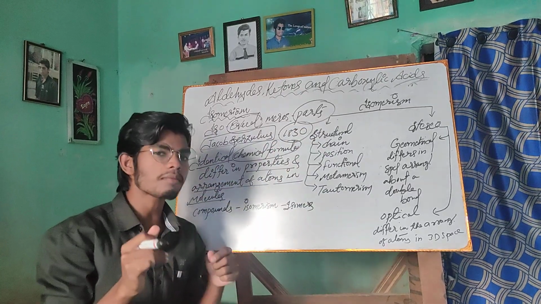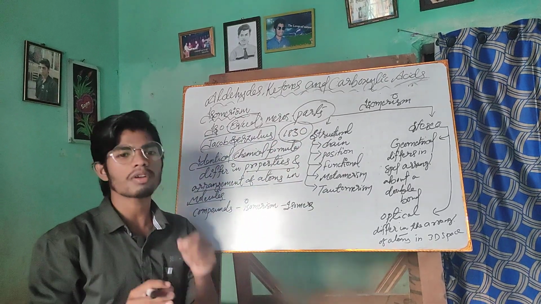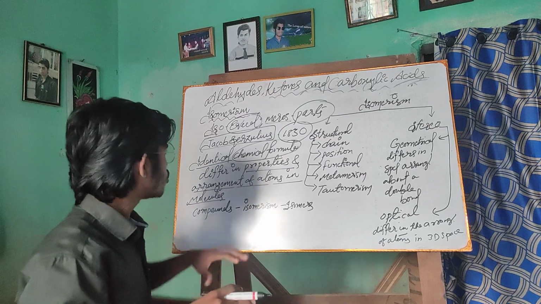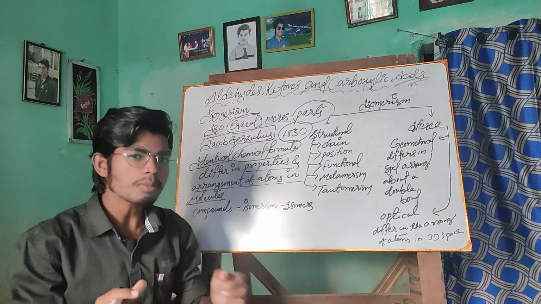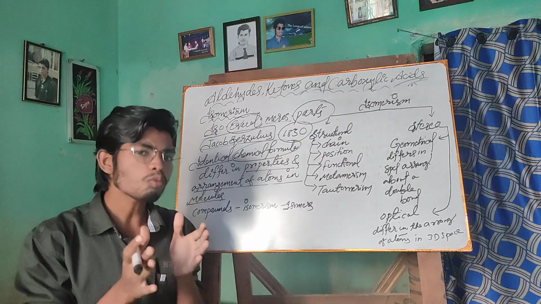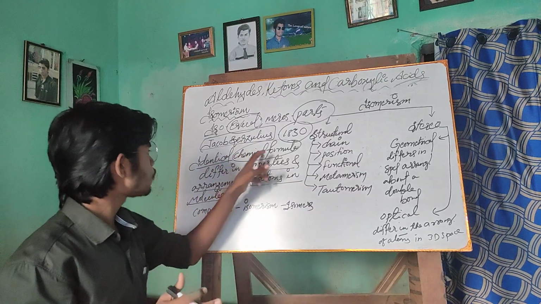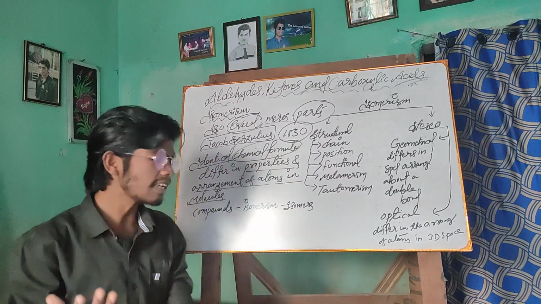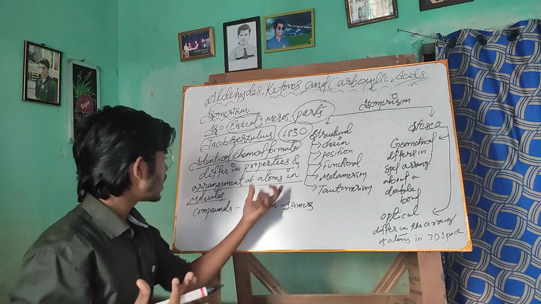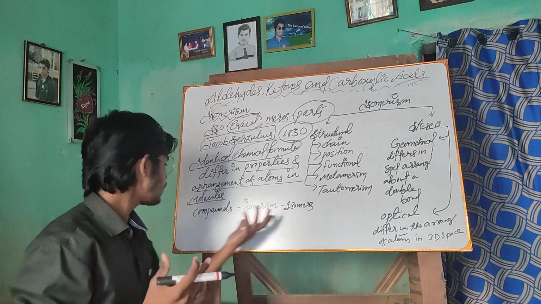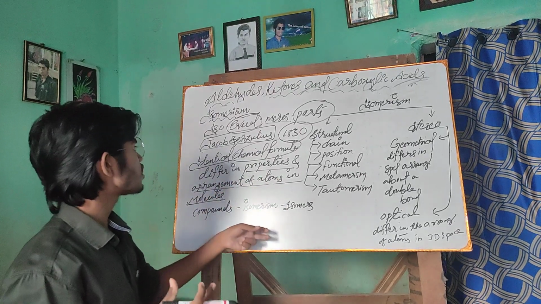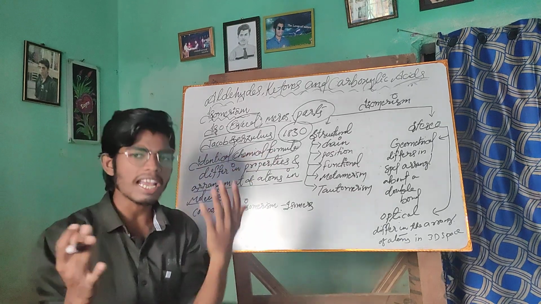This is also one of the most important points that we need to remember, my dear students. So what is isomerism? Isomerism is a phenomenon in which more than one compound has the same chemical formula but differs in the properties and arrangement of the atoms in the molecules, and this term was first coined by Jacob Berzelius in the year 1830.